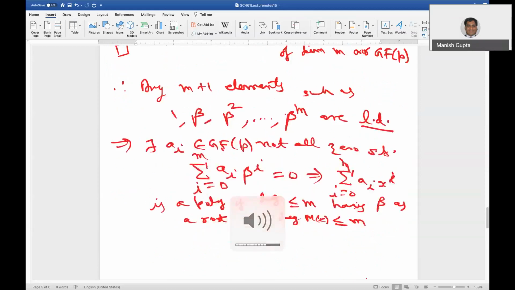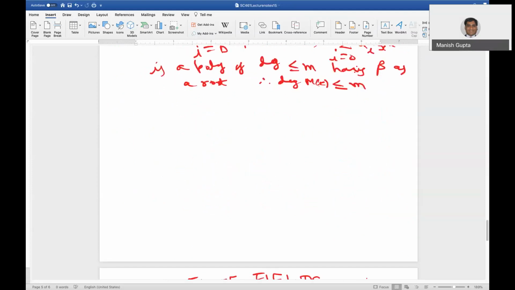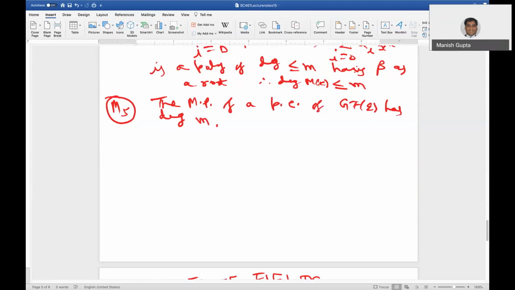Okay, next property, fifth property. The minimal polynomial of a primitive element of GF(q) has degree exactly m. This is an interesting result.